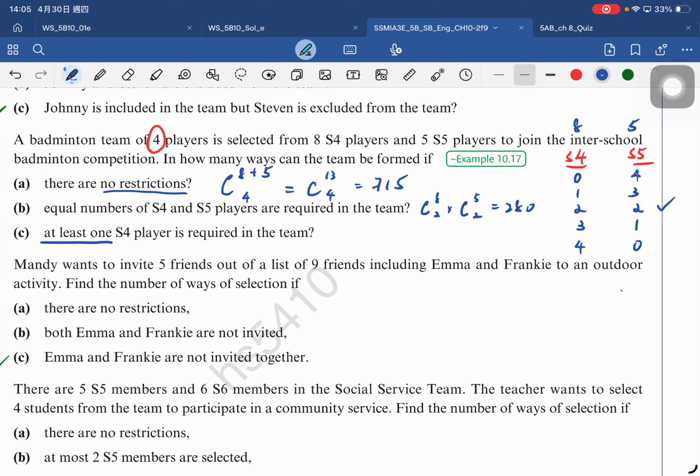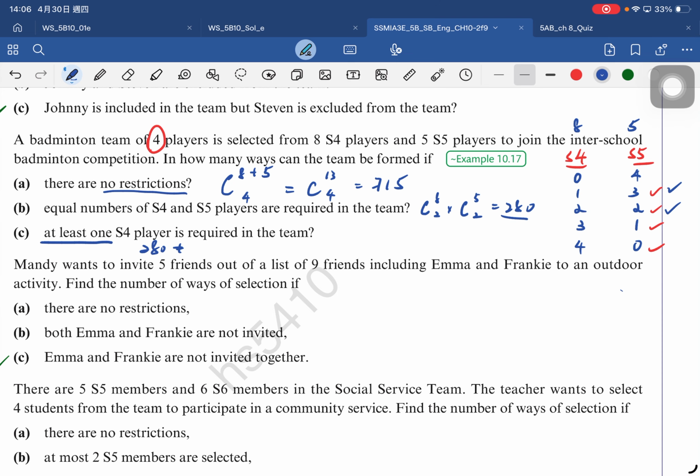The last one: at least one should be an S4 player. Can you tell me which cases should be included? There are 5 cases, 1, 2, 3, 4, 5. But at least one should be S4, so these 4 cases, 1, 2, 3, 4. You can use similar ways to do it, similar to the previous one. But these 4 cases should be the choices available. For example, this one you have already found, 280. But how about the first case?